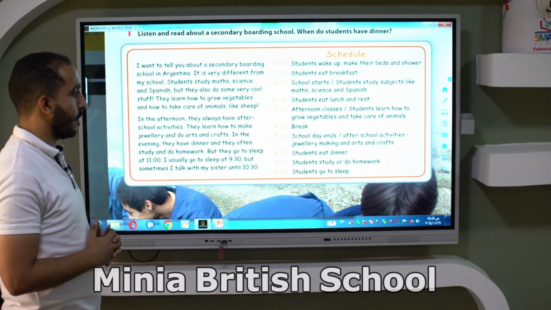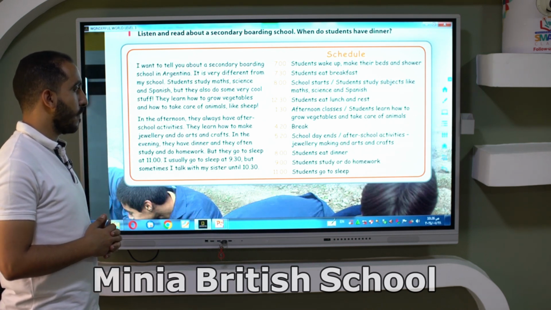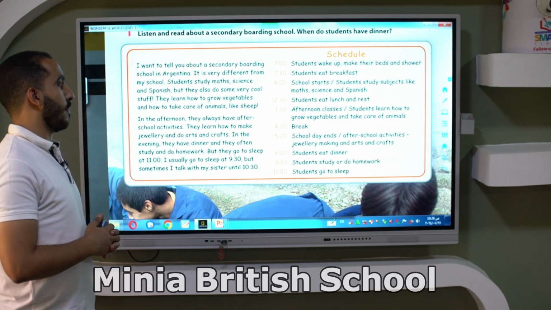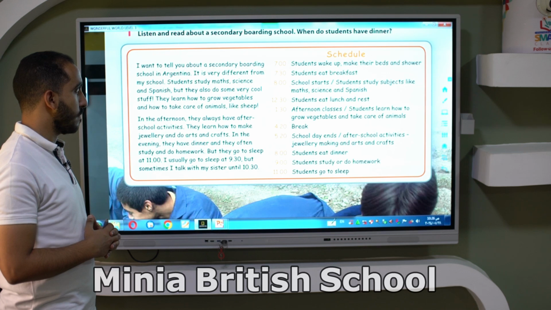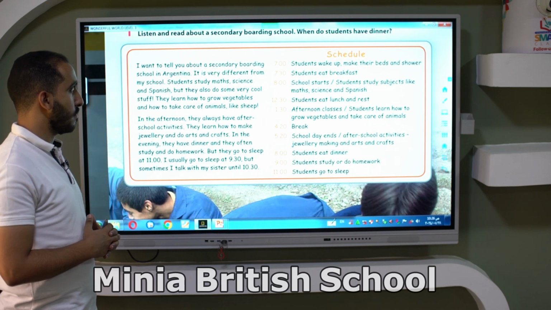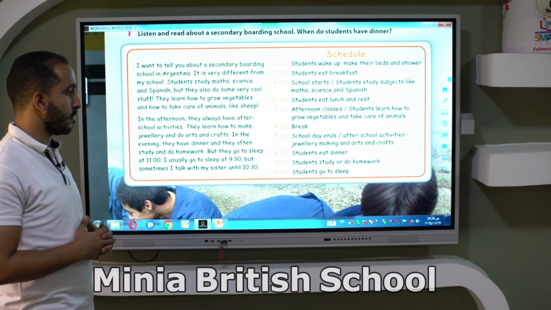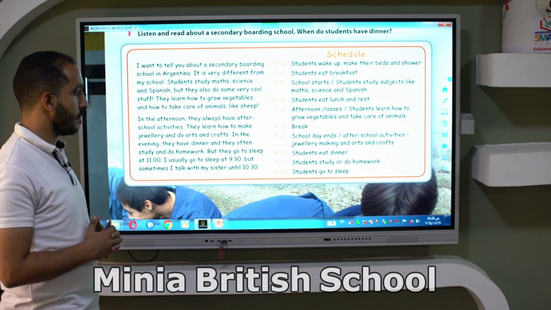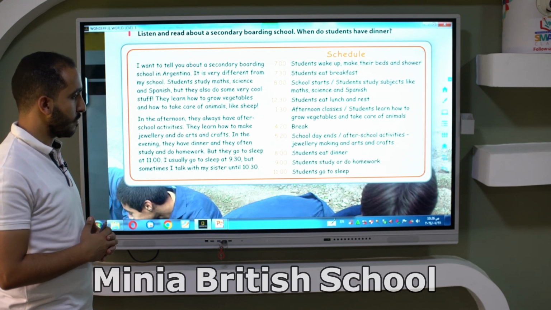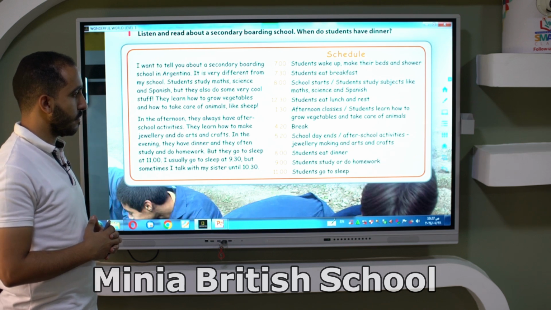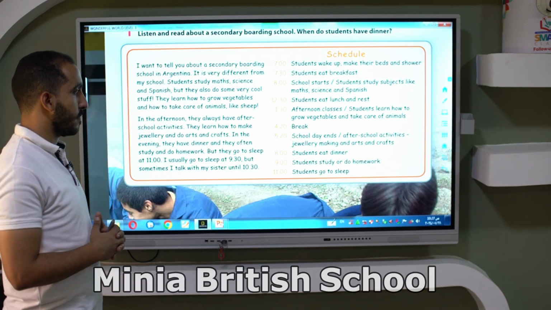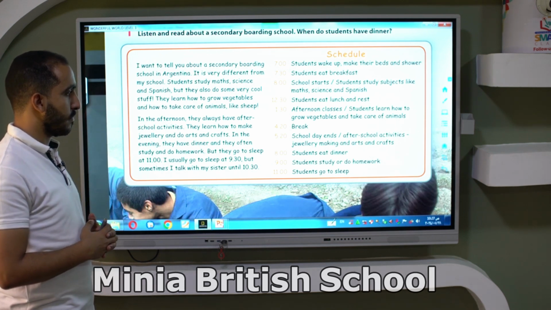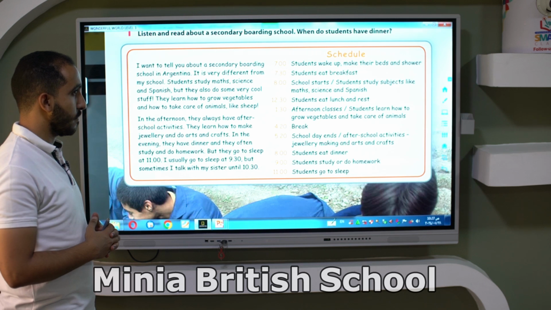Students learn how to grow vegetables and take care of animals. 4:20. Break. 5:20. School day ends. After school activities, jewellery making and arts and crafts. 8 o'clock. Students eat dinner. 9 o'clock. Students study or do homework. 11 o'clock. Students go to sleep.